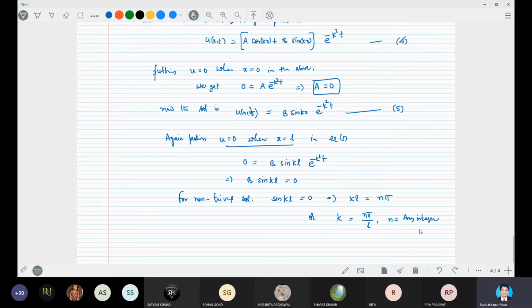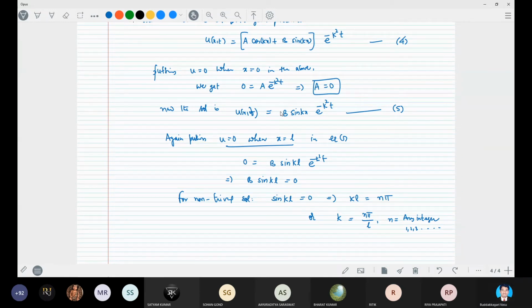So any integer like 1, 2, 3, and so on. If you put any integer n, that will give you different values of k. For the different values of k, we can get different solutions, right?